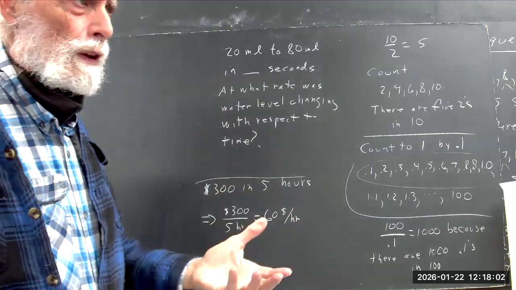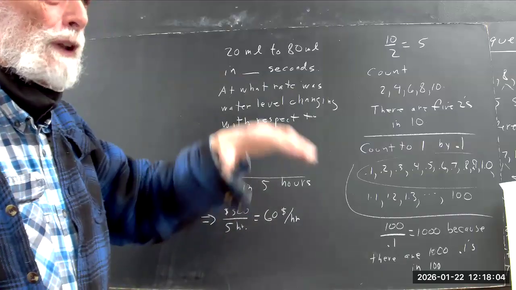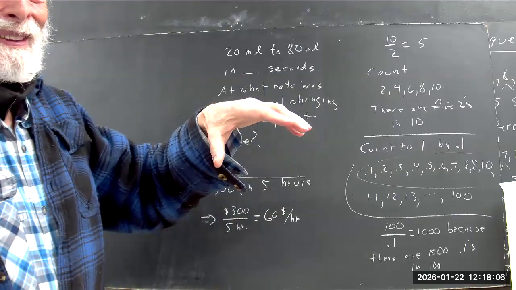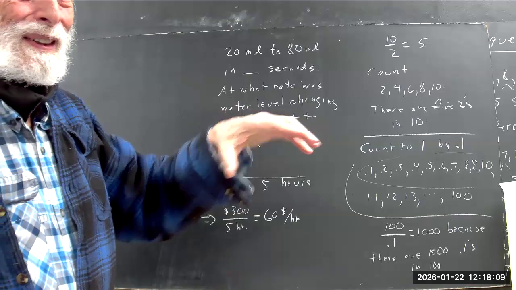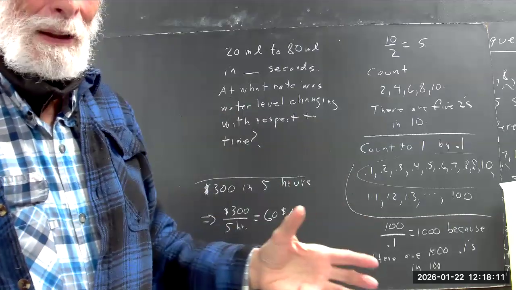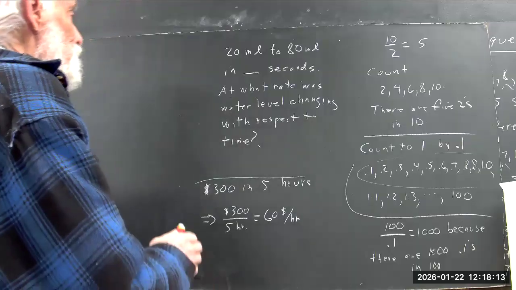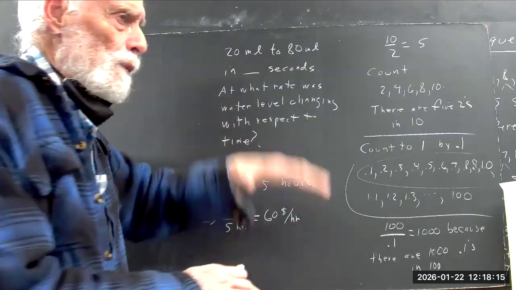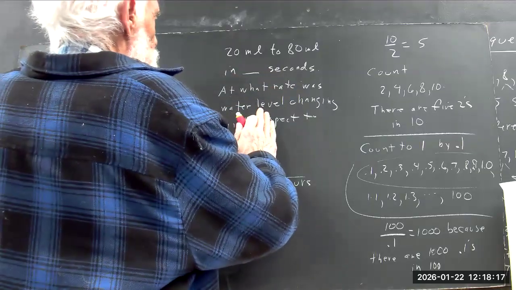That really wasn't water level because water level is not measured in milliliters. Okay. The amount of water is measured in milliliters. But I said water level because that's the way I phrased it first.